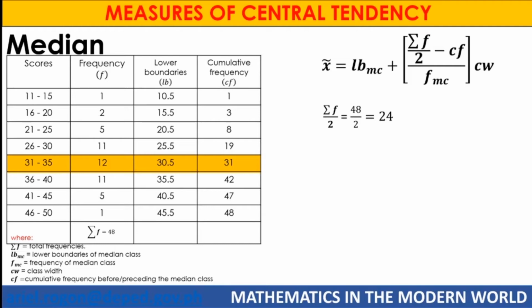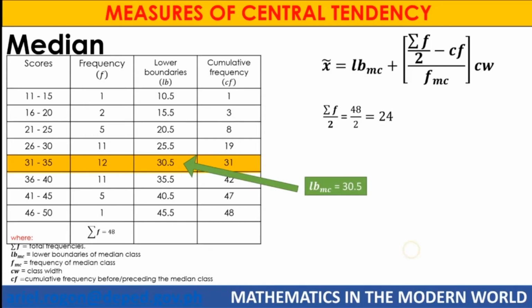We'll get most of our data in the highlighted portion. So let us proceed with the formula. Let us start with the lower boundary of the median class. The LB sub MC, which is the lower boundary of the median class, I have already highlighted it in there, that is 30.5.